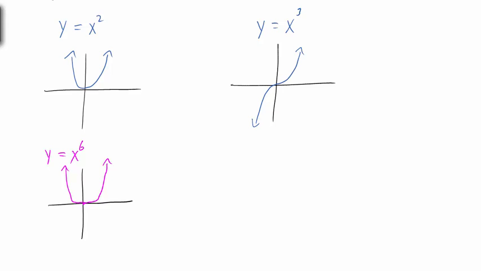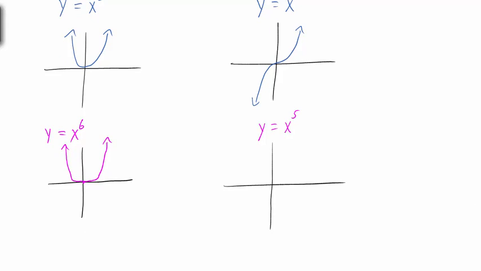So what's going to happen if we look at y equals, let's say, x to the fifth power? We have an odd exponent. Well, the same thing's going to happen again because of this exponent. The closer we get to 0, the more the graph is going to flatten out. So it's going to come up and again kind of flatten out a little bit and go back up.